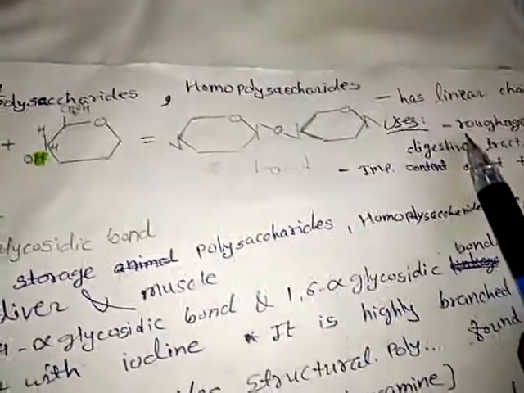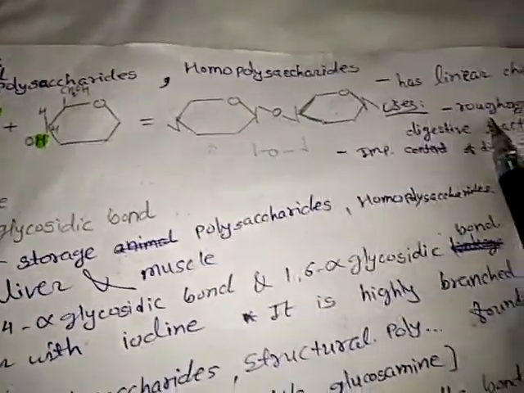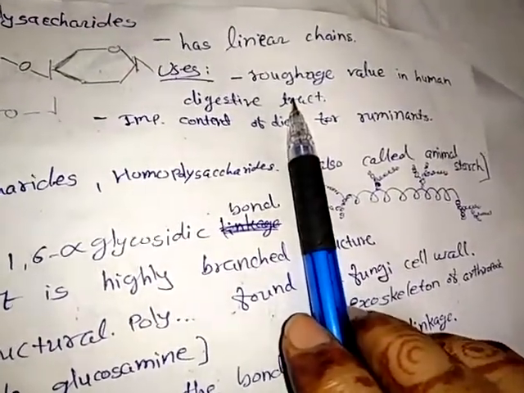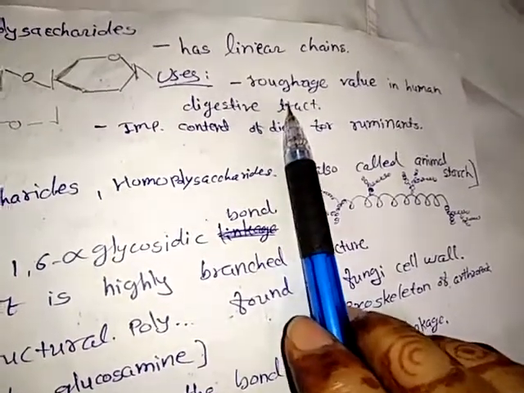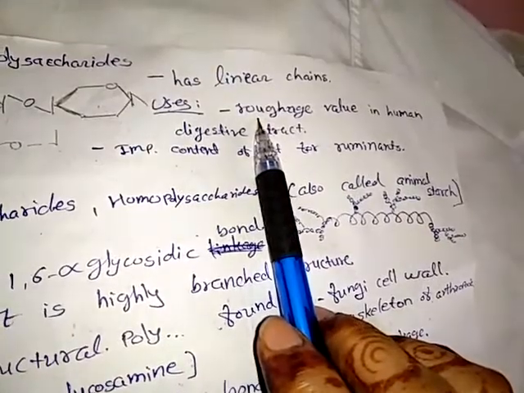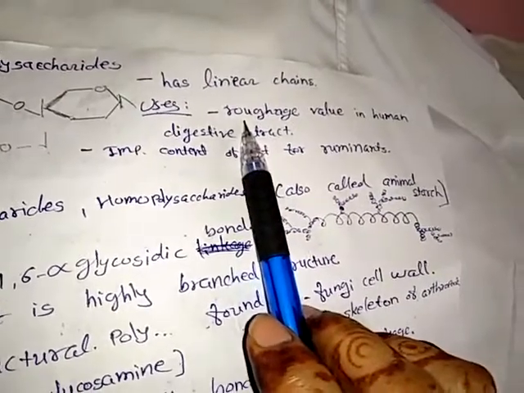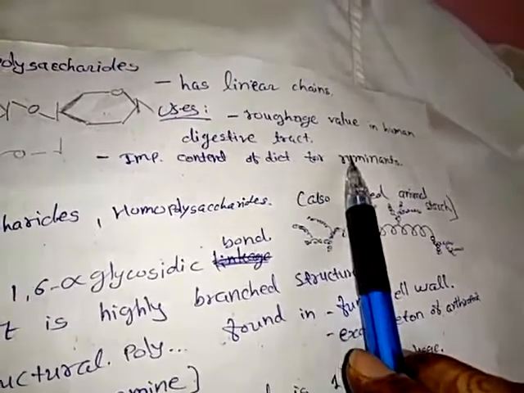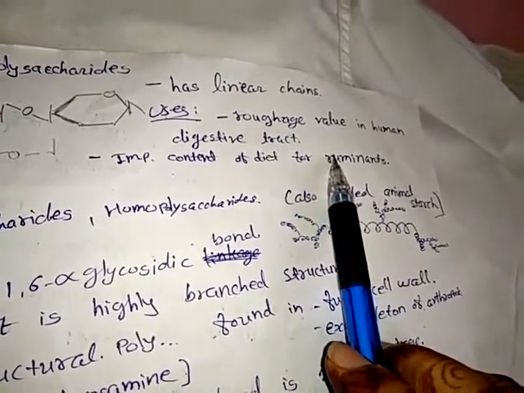Now the use of cellulose: it has great reference value in the human digestive tract. Human digestive tract can't digest cellulose because of the lack of cellulase enzyme, which is found in some ruminant animals, cow, buffalo.